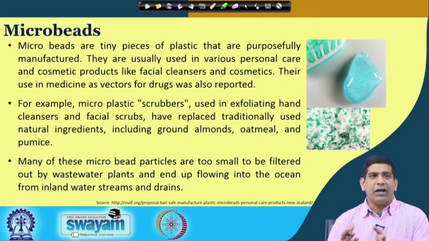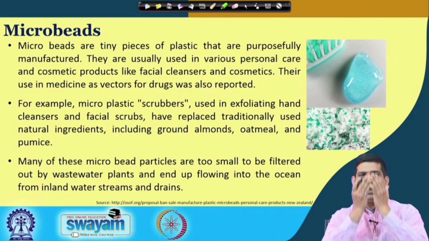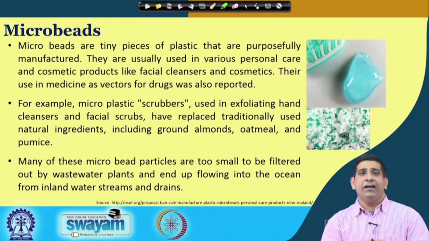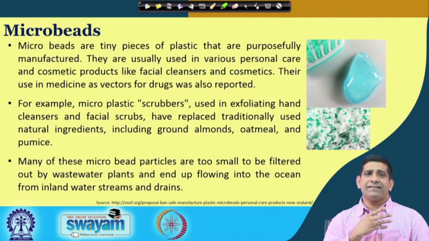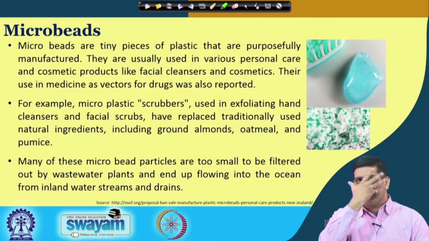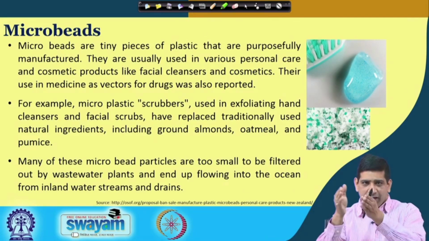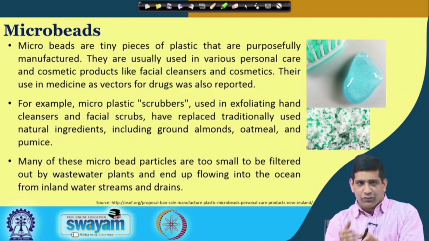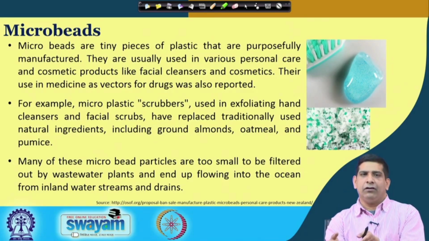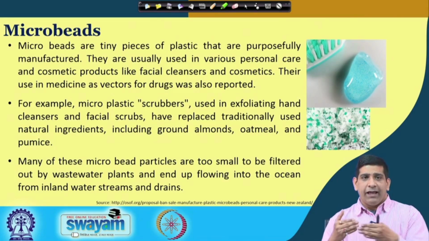Many of these microbead plastics are too small to be filtered out by a wastewater treatment plant. So what will happen to all those? If I put that scrub with lots of microbead plastic on my face, then wash my face, that microbead plastic goes down my sink. From the sink, it goes to the wastewater treatment system and ends up in the wastewater treatment plant.